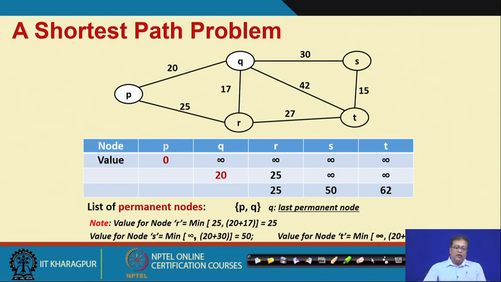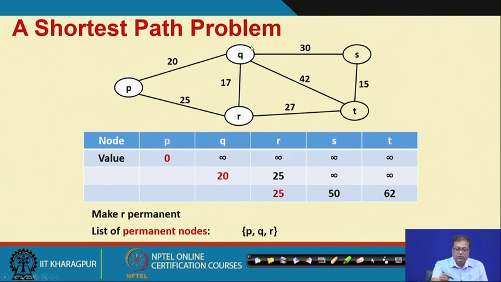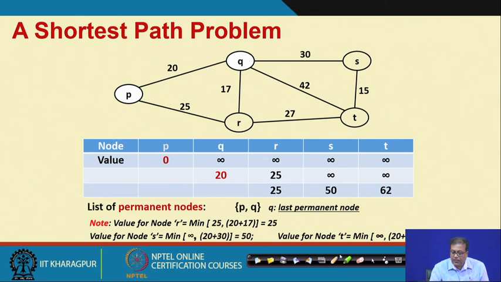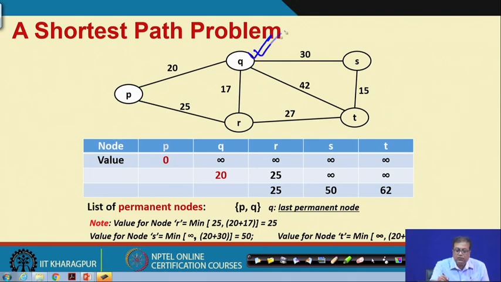Is it all right? When it comes to S, the value was infinity. So, the minimum of infinity and the last permanent node, which was Q, and using that, when I calculate, this value was 20. So this value will be 37, this value is 62 and this value is 50.